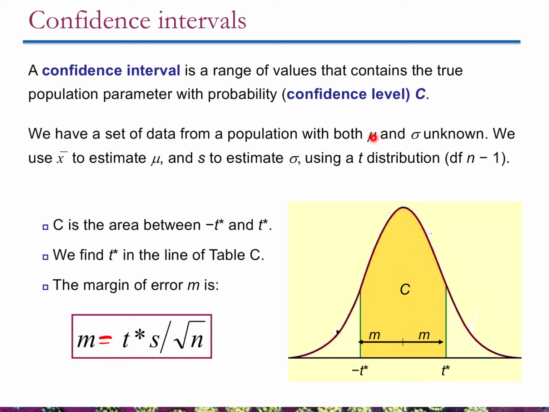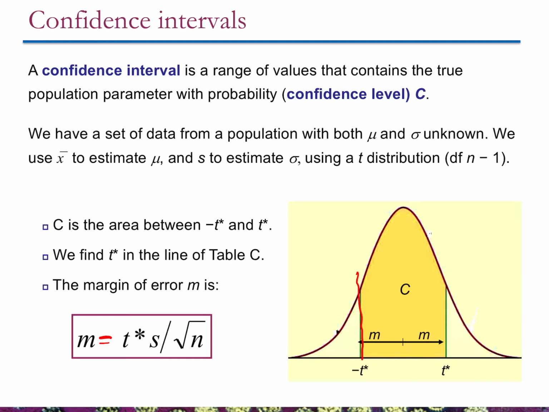So we have a set of data from a population with both our population mean and our population standard deviation unknown. We're going to use a sample mean to estimate the population mean and our sample standard deviation to estimate the population standard deviation. We have a t-distribution defined by degrees of freedom of n minus 1.